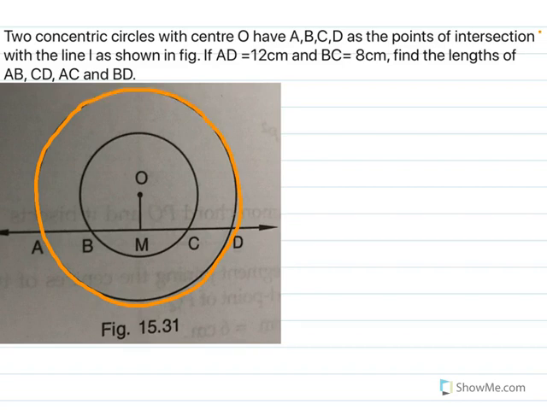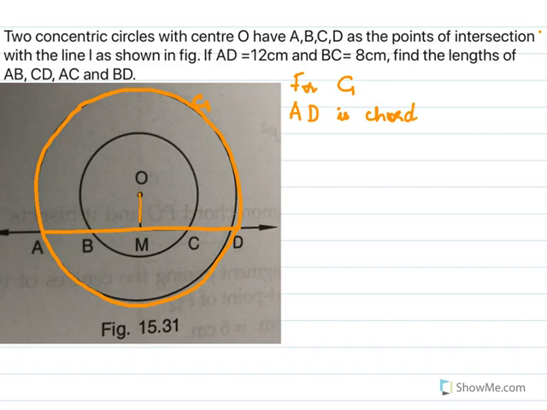Concentric circles are circles with the same center, and this is the chord. We'll call it the circle 1. So for circle 1, AD is chord, and here is a perpendicular. OM is perpendicular to AD.